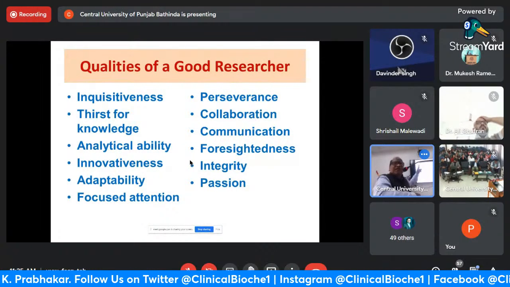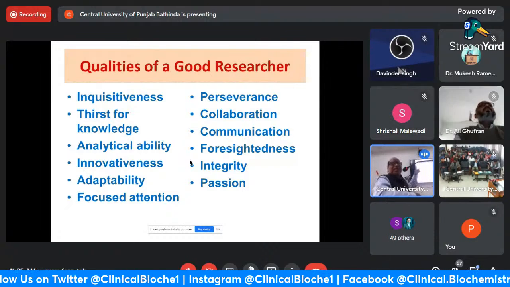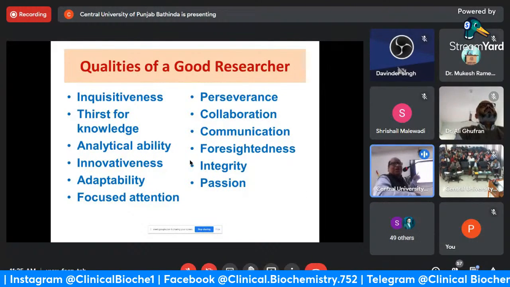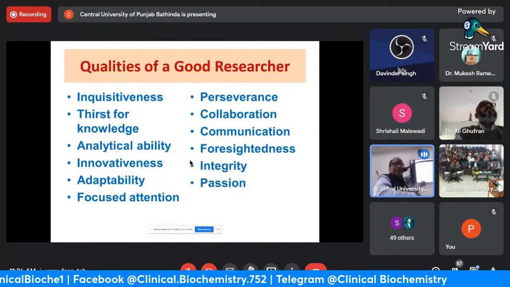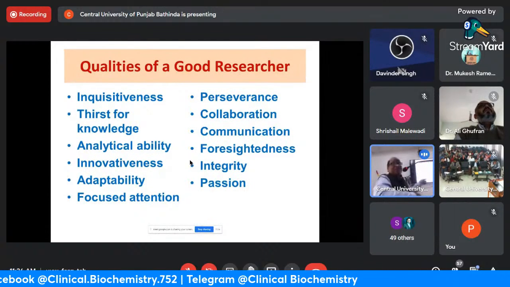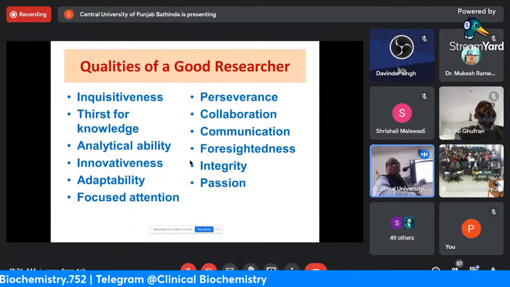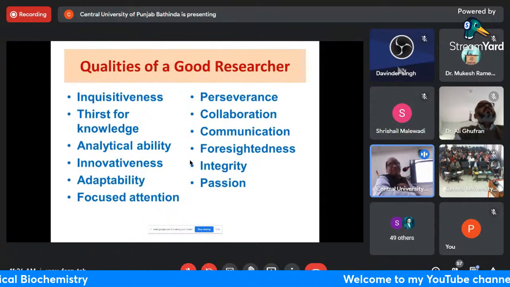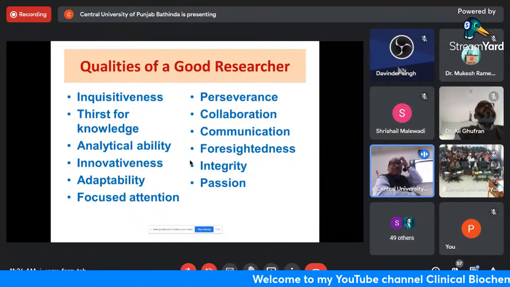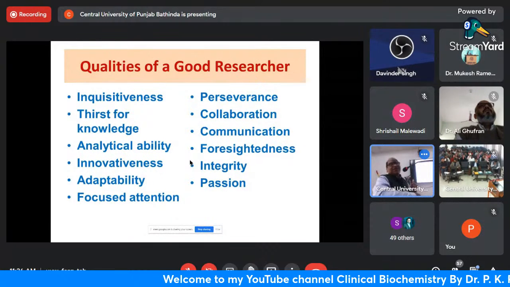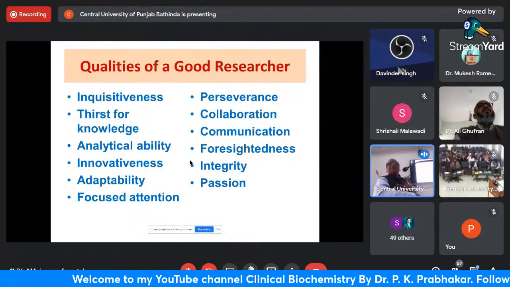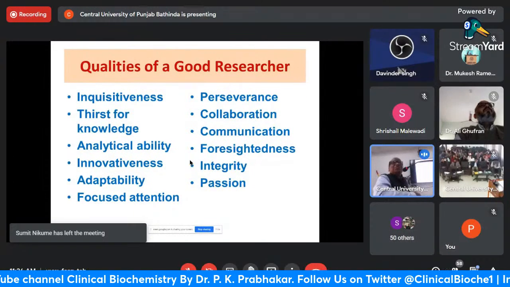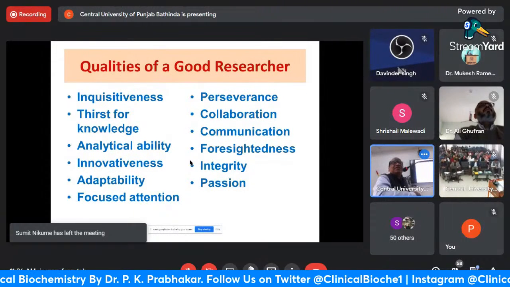Because this will help you reach a conclusion that will have far-reaching consequences for society. So every researcher should introspect and ask themselves, before the start of the research, whether they have these qualities or not.